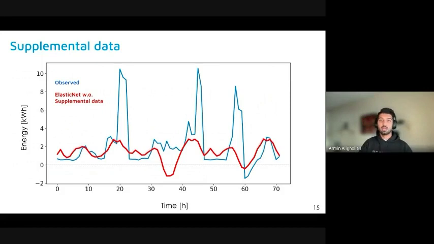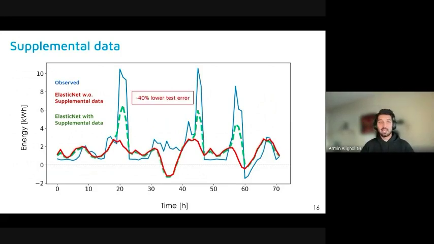Then I added that extra supplemental data in the time series feature, which is just 0s and 1s, but it's a time series. So basically, ElasticNet is doing a better job of predicting those peaks or those scheduled electricity usage, for example EV charging. And it's around 40% better in terms of test error.